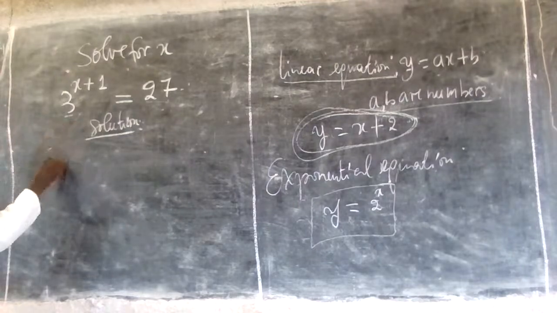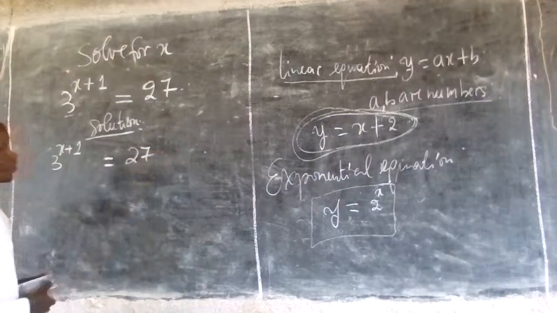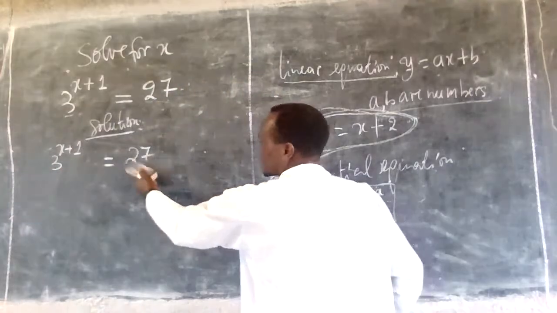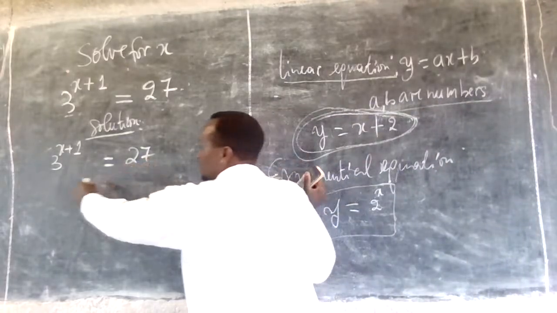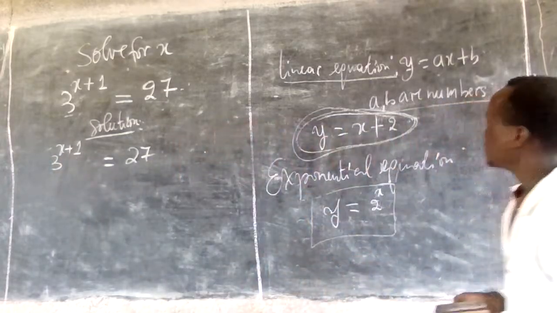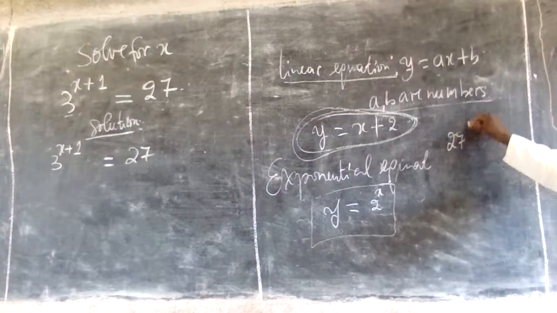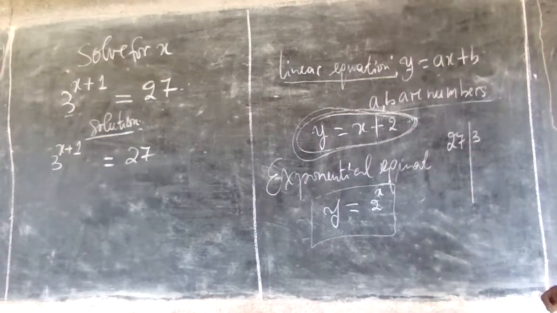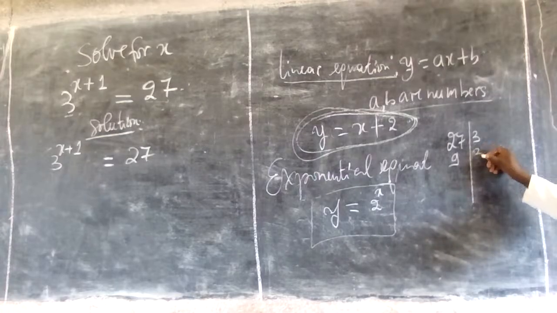You have 3 power x plus 1 is equal to 27. You have to remember what I told you here. You have to factorize this 27 so that it becomes like this number here. There should be similar numbers. I showed you that 27 in its factor form should be divisible by 3. We remain with 9, and 9 is also divisible by 3.